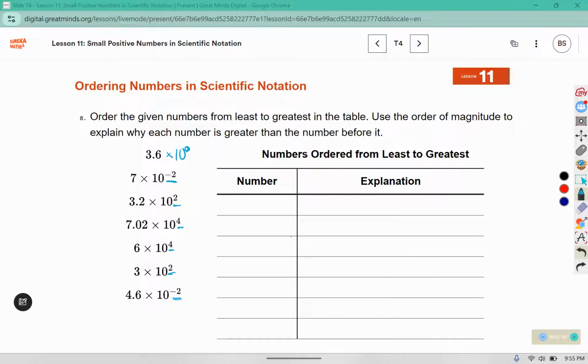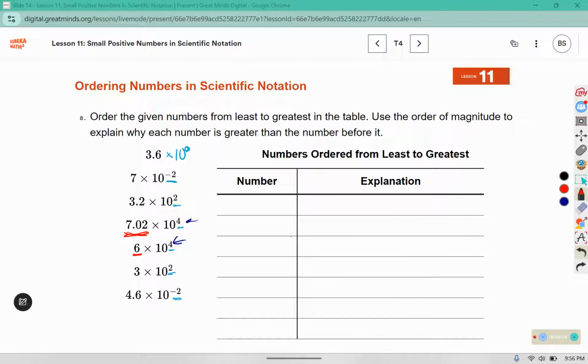Looking at the magnitude is the fastest way to figure out which ones are bigger. So I see here that we have a positive 4 and a positive 4. Now those are going to be the biggest two. Since they have the same exponent, or the same magnitude, we then get to look at the initial value.